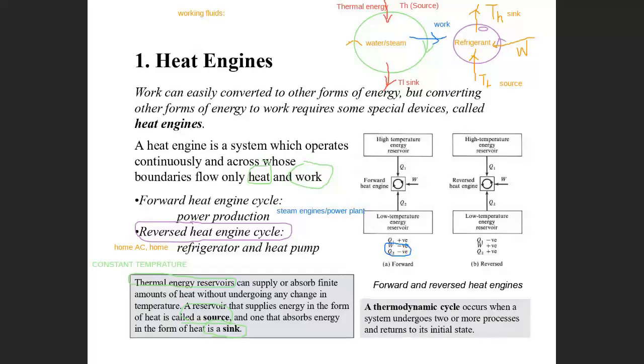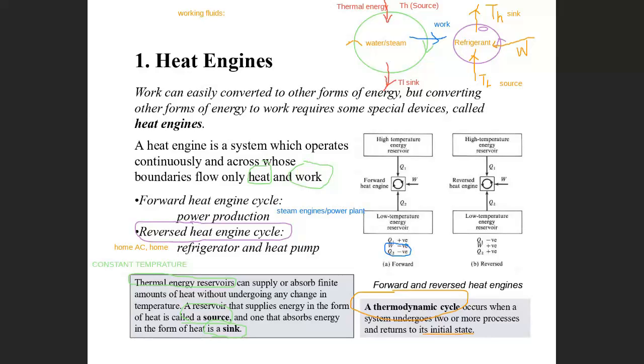If water becomes hot steam, expands, and becomes water again, then it's called a thermodynamic cycle. A thermodynamic cycle occurs when the system undergoes two or more processes and returns to its initial state.